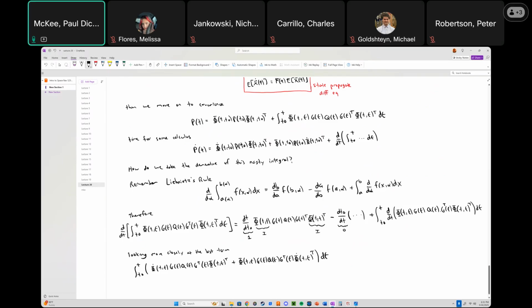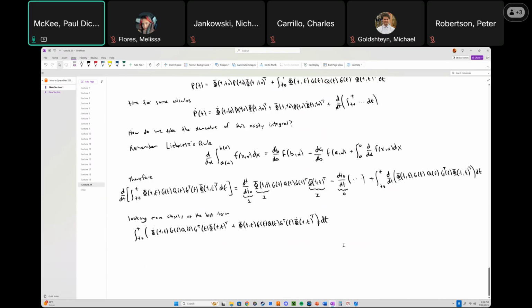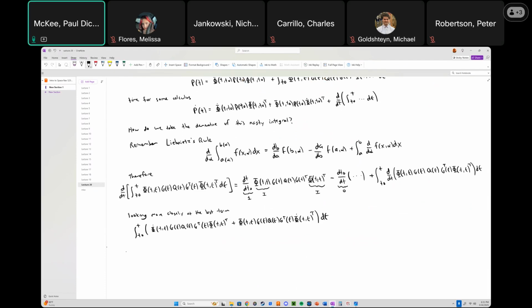Okay, the reason we're writing this all out is we're about to make a cool substitution. So we'll say, now recall that phi dot is f phi. And by that same logic, phi dot transpose is going to be phi transpose f transpose. So we can substitute. Okay.